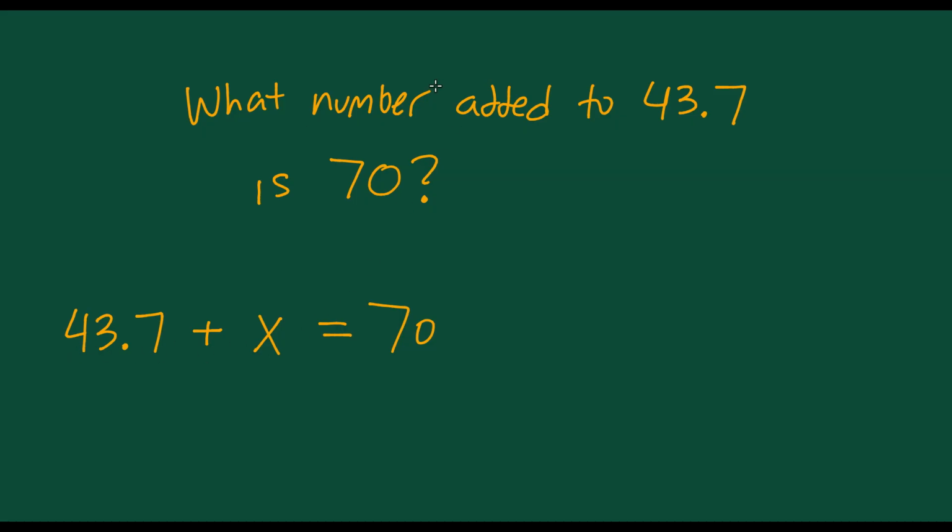Okay, here's the English above, here's the math: 43.7 plus x equals 70. Remember, commutative property, we could switch this around, right? X plus 43.7, switch them. The important thing is, to solve for x, let's subtract 43.7 from both sides.